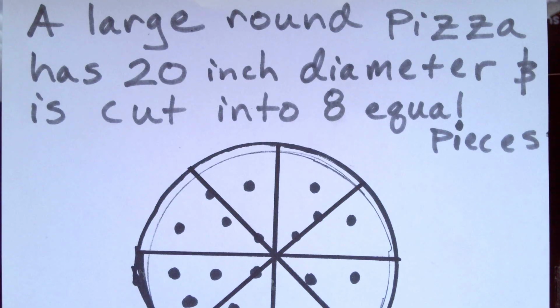I will be explaining and reviewing key knowledge that you need to know, knowledge, skills, and abilities, what I call KSAs, in order for you to understand how to answer this question and find the circumference of this pizza pie, given the fact that it has a 20-inch diameter and 8 equal pieces.